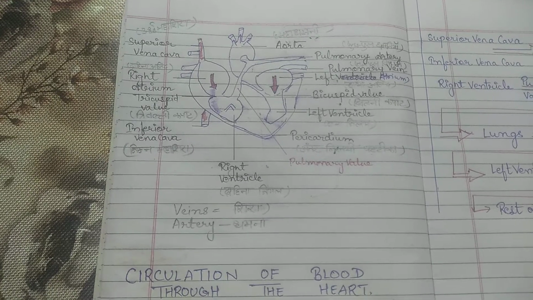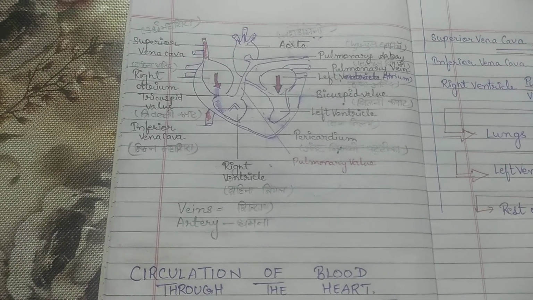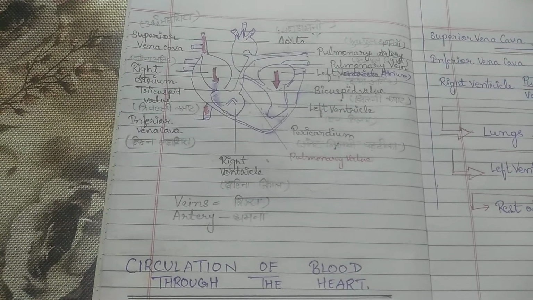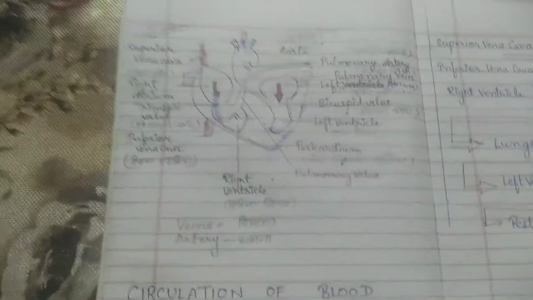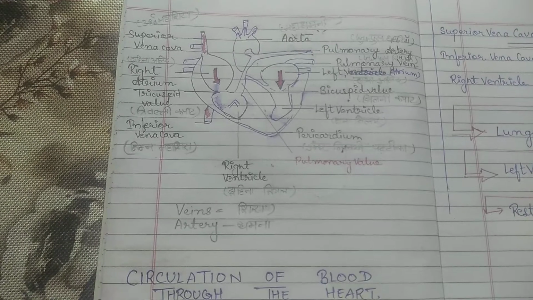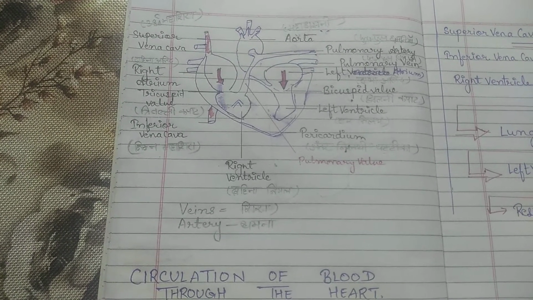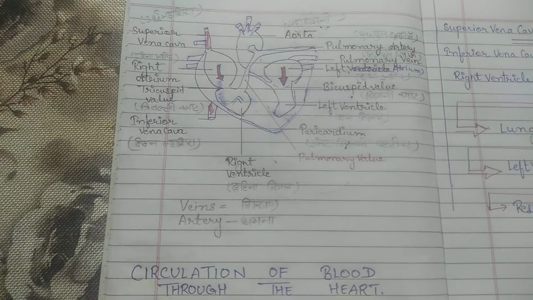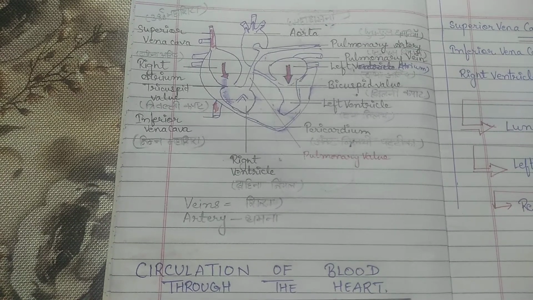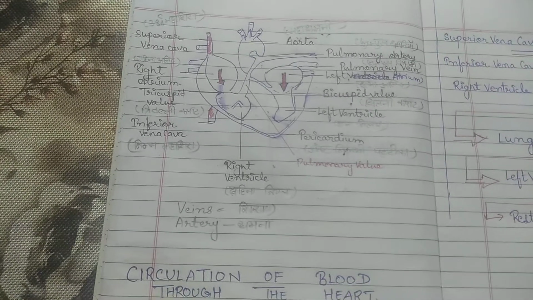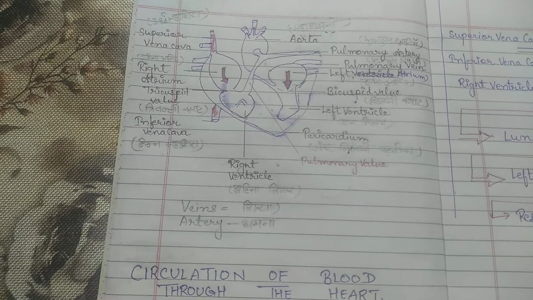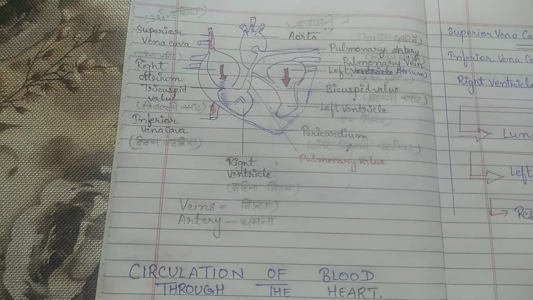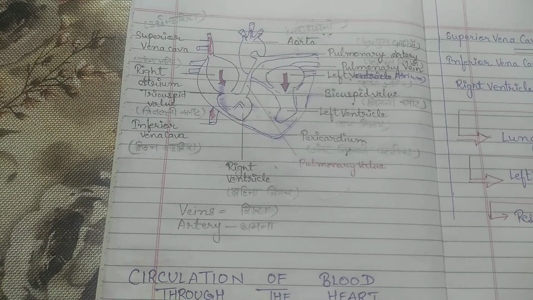Okay students, I hope you understood. If you have not understood, weak students, just see the diagram. Some students' recognizing power is not very good. So students, you must see that diagram.